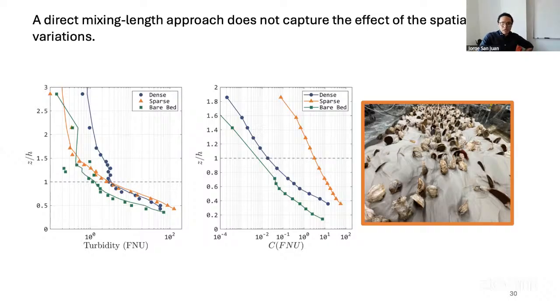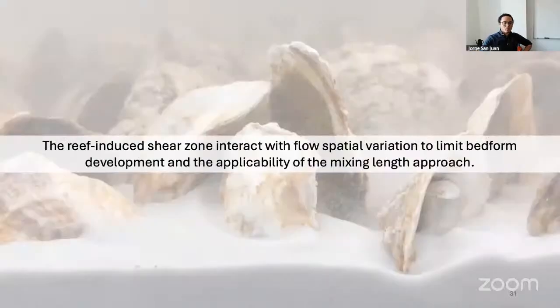Once again, this mixing length approach works well for the velocity distribution, but it's not necessarily capturing the space and the variability that you can find in between the elements in the reef. So the reef induces a shear zone to interact with the flow with the spatial variability of the flow.